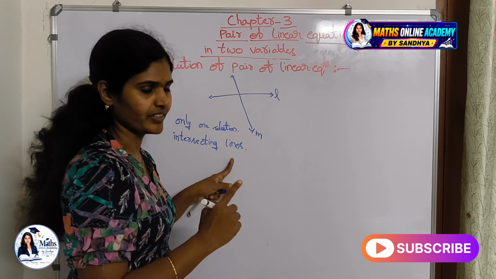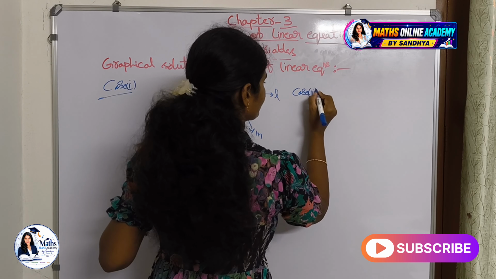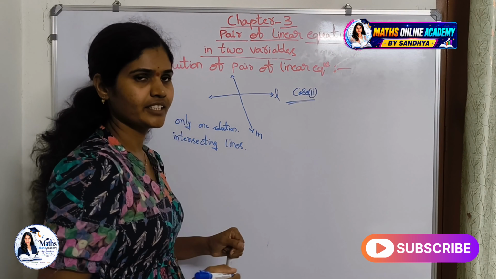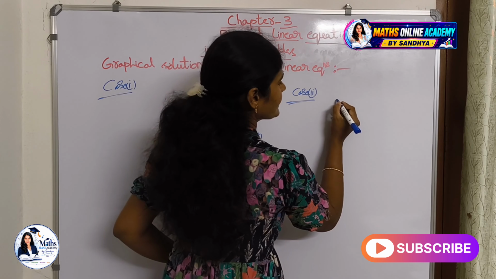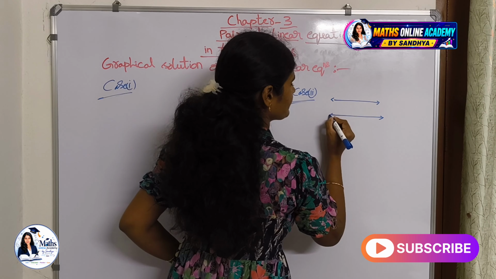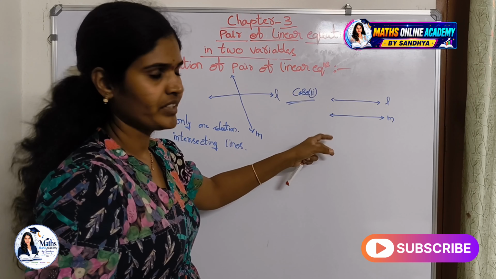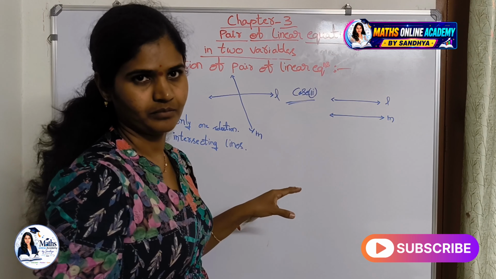Okay. Second one. Case 2. In this case, for example, 2 lines are like this, parallel. L, M. 2 lines are parallel and they are not intersecting.